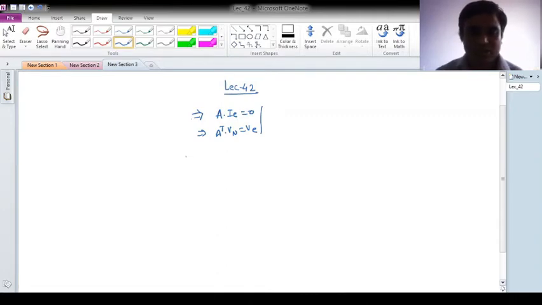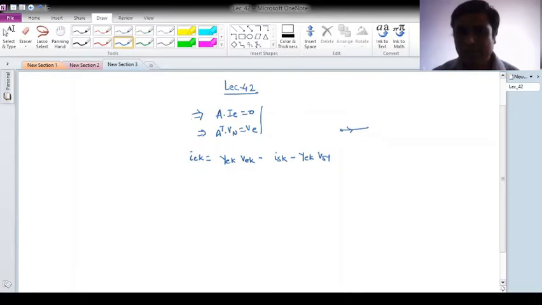nodal analysis, then what we did, we obtained the equation I_K, which was equal to Y_K into V_EK minus source current I_SK minus Y_K into V_SK. And how it was: suppose this is my kth branch and it consists of impedance, let me call it Z_EK, then there is a voltage source in series with it.